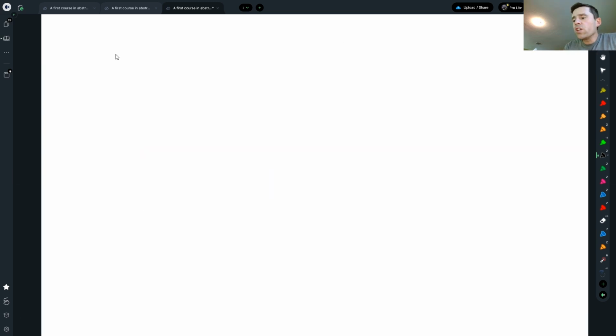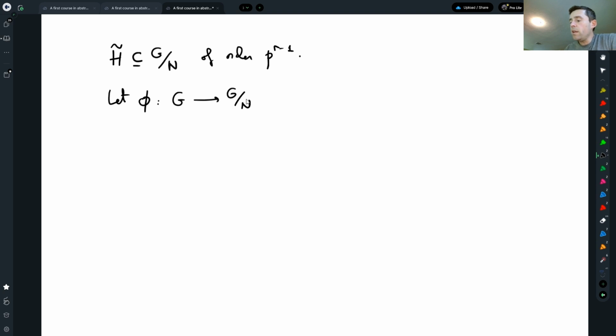Consider the map that goes from G to G modulo N, and let H be the full inverse image of that H tilde.